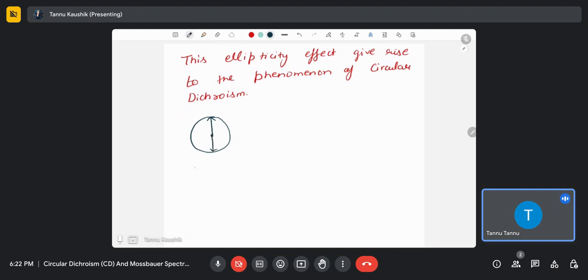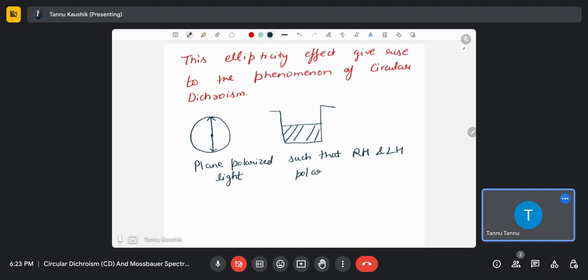So if we have a plane polarized light, such that right hand and left hand polarized light are differently absorbed by the sample, that is with different magnitudes.